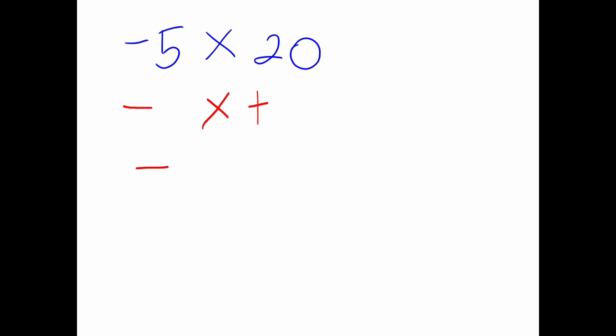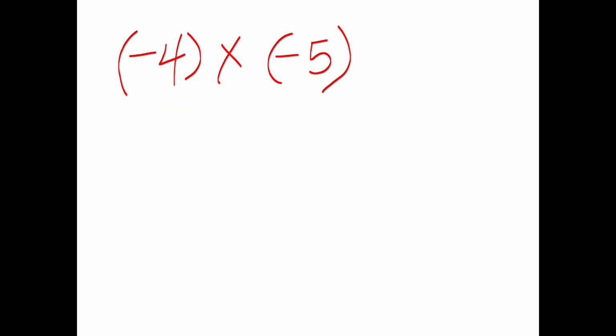Good, minus, right? And then the numbers 5 times 20 gives us what? 100. So meaning that minus 5 times 20 is what? Minus 100. Interesting, right?